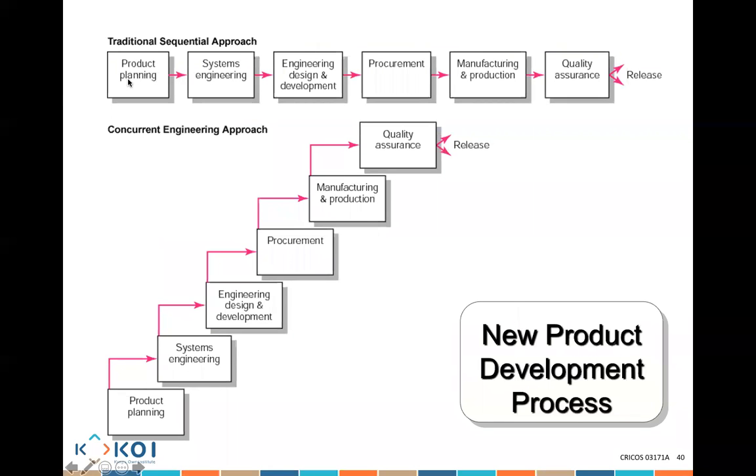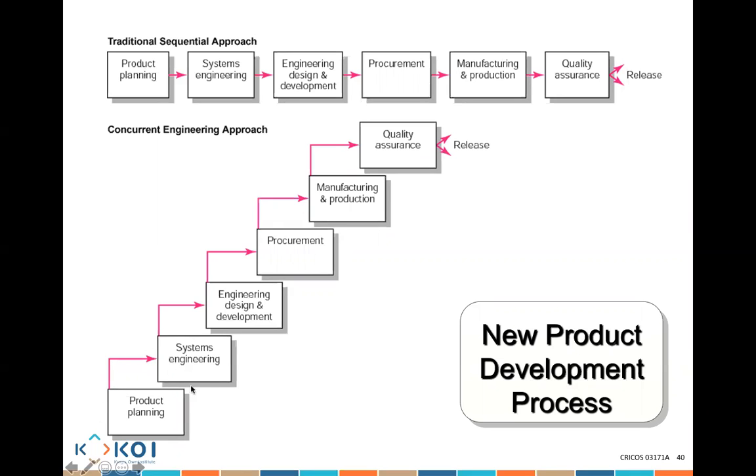Now, we've been talking about various approaches. The traditional approach to project management is you do things sequentially. You do this, then you do this, then you do this. That's finish, start, finish, start, finish, start. But now we have something called concurrent engineering. What is concurrent engineering? Concurrent engineering is where we try to do things in parallel.